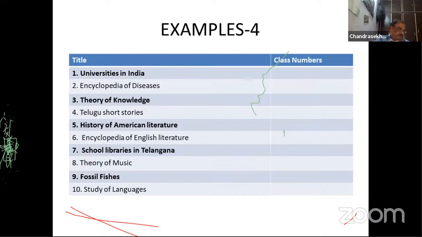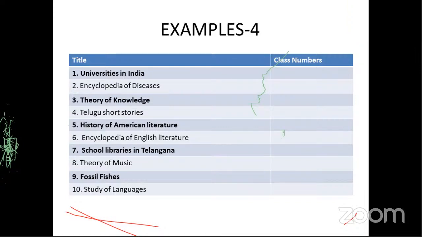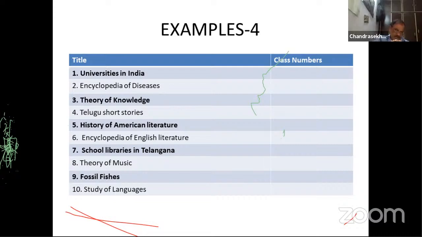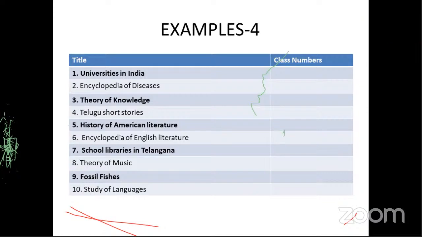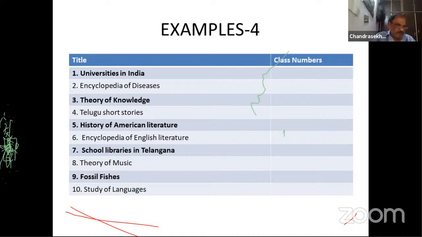Encyclopedia in table 3 is 03. So we can add 03.